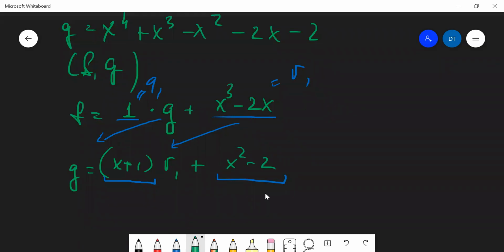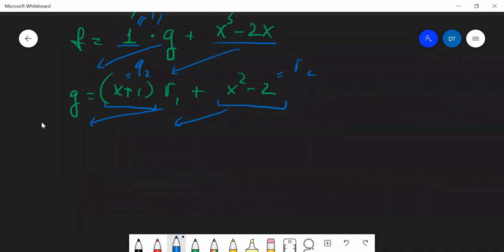So this is your q2, and this is your r2. Now we want to shift this again, and you will get r1 equals something times r2 plus the remainder. Well, just x plus 0. Here x and here is 0. So you see, you will get 0 here. So it means that we should stop.